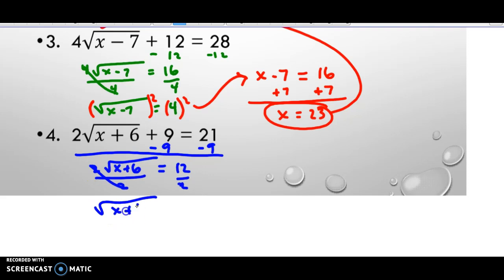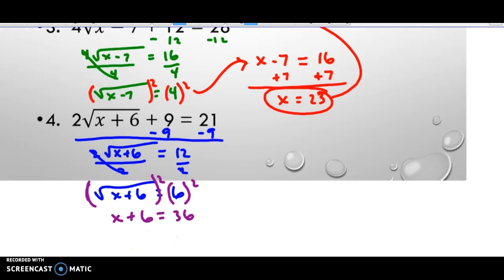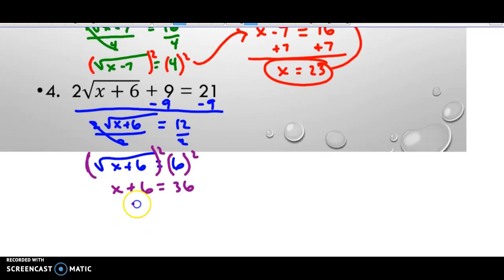That gives me radical x plus 6 equals 6. And now I'm going to square both sides. Squaring this is going to cancel my square root bar. So I end up with x plus 6 equals 36. And to isolate x, now I'm going to subtract 6 from both sides. And I get x equals 30.